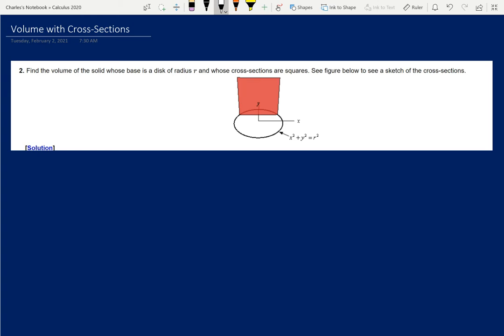There's a new type called volumes with cross sections, where they just tell you what the cross sections are going to be like, and it's hard to picture these things, but I have a couple examples that have pictures of what's happening.